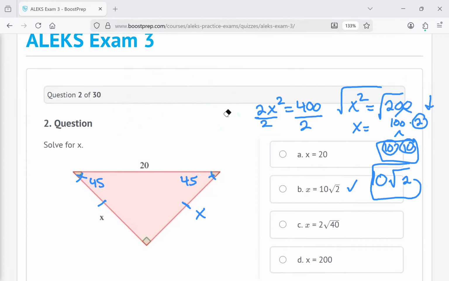So let me show you. Then you have a right triangle. Here's a 90, here's 45, here's 45. And the rule states, let me look at my notes, I feel I forget.